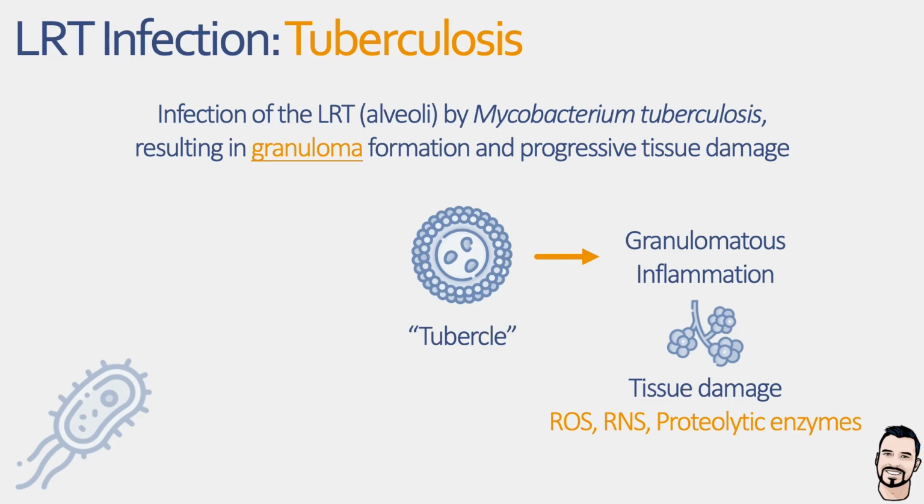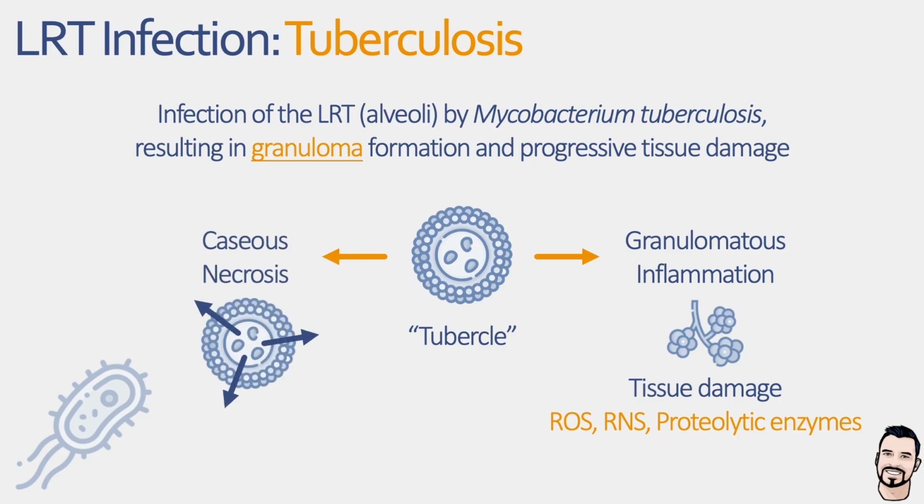Then, as the disease progresses, the tubercle can undergo what we call caseous necrosis, where dead cells within the tubercle liquefy, and this drains into the airway. This forms cavities, which alters the lung structure, reduces gas exchange, and supports the growth of bacterial cells, allowing dissemination throughout the lower respiratory tract.